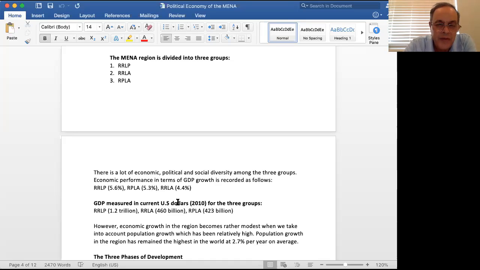That's a problem. If you look at the RRLP, well, obviously they have a lot of oil, very few people. And in terms of land, most of the land is really not arable land. Most of it is desert, especially when you look at Saudi Arabia and also Libya. Most of that land is harsh desert, basically.